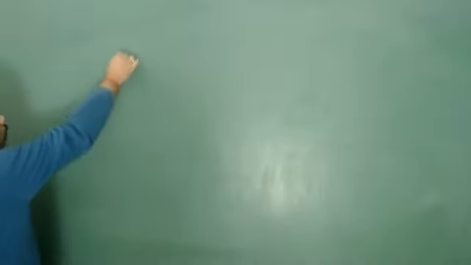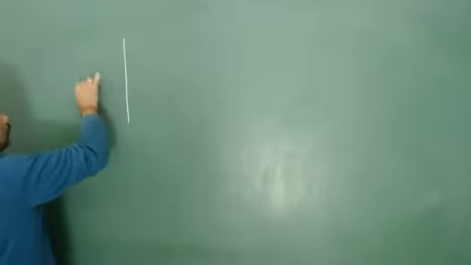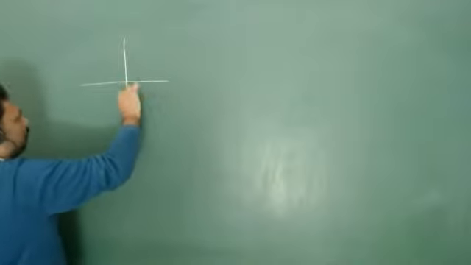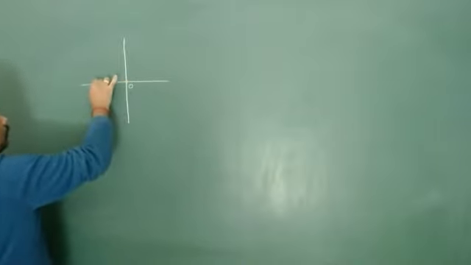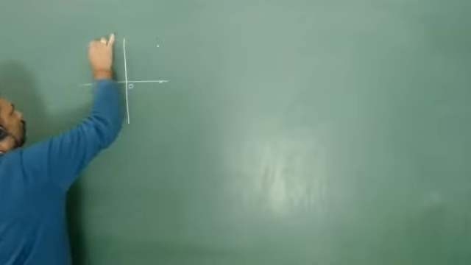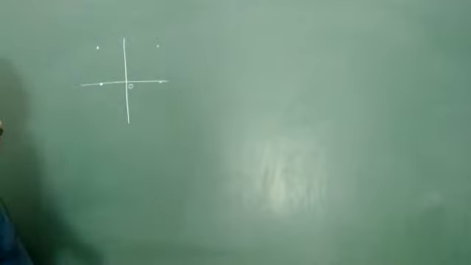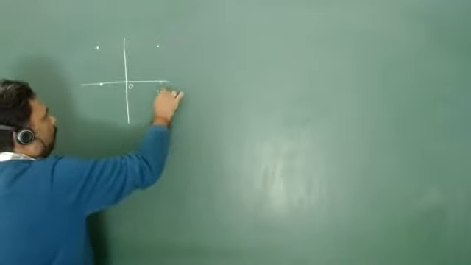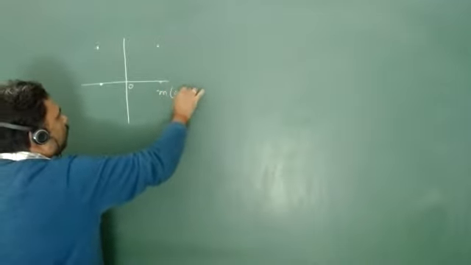So we have the same xy axis. This is my origin. Now we are just going to do the different problem. This is mass m. This is 0 and a.